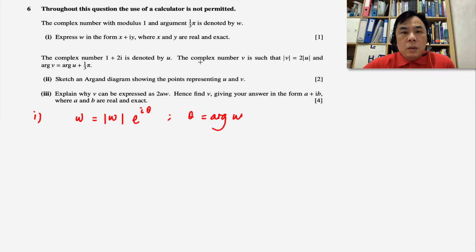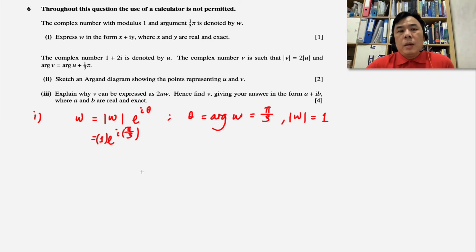The argument has been given as pi over 3, and its magnitude has also been given as 1. So we just substitute: this can be written as e to the i pi over 3, multiplied by 1 of course.